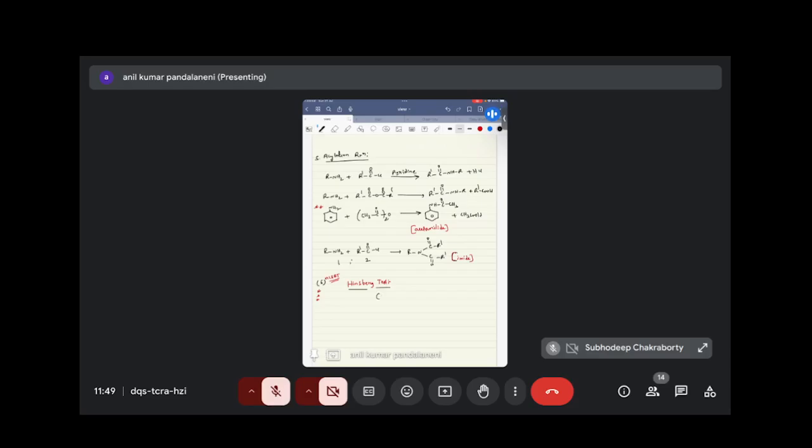Now this is a test for both aliphatic and aromatic amines.